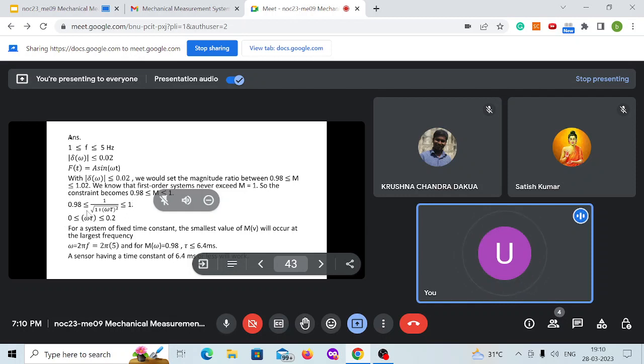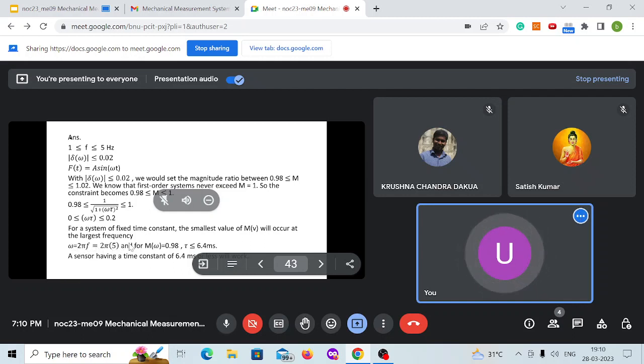Then we have found omega tau, and we need to choose the sensor based on its time constant. But the problem here is that the frequency lies in a region, 1 to 5 hertz, and we need to find tau. For a fixed time constant, the smallest value will occur at the largest frequency. So you substitute the frequency as 5 hertz.